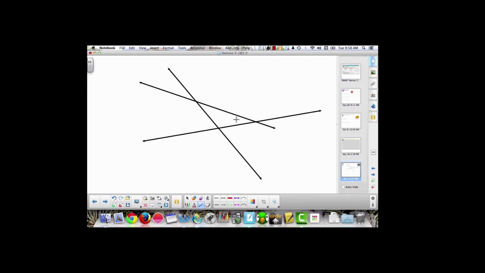Here I have three different lines, and this green line will be my transversal. Notice that the green line is intersecting each of the other lines in a separate point.